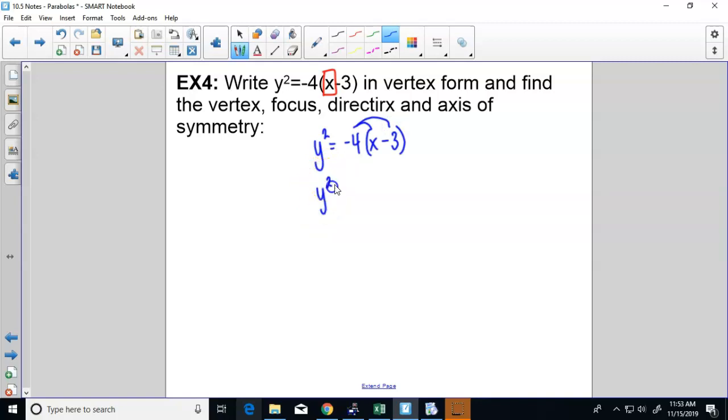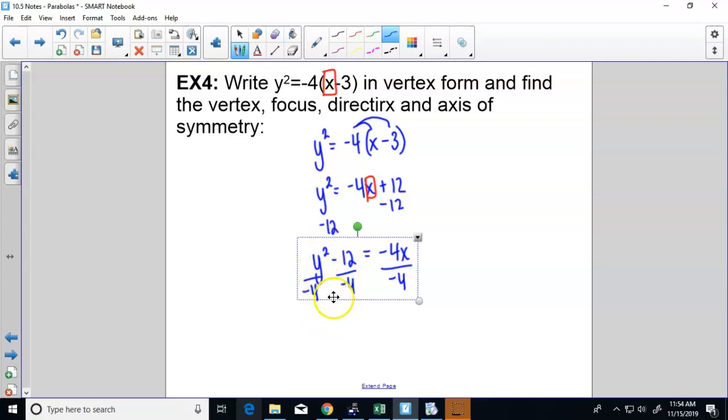So we get y squared equals negative 4x plus 12. Now we're trying to get that x by itself. So next we would need to subtract 12 from both sides. So y squared minus 12 would equal negative 4x. And then last, we would divide everything by negative 4.